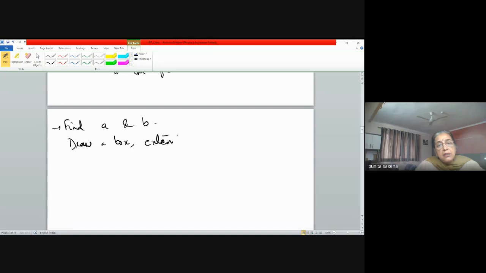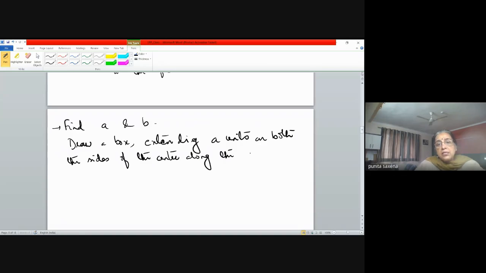Extending A units on both the sides of the center along the focal axis. Okay, so if your focal axis is x-axis, we do it on the x-axis, otherwise we do it on the y-axis. Okay, A units on both the sides of the center along the focal axis and B units on both the sides along the conjugate axis.